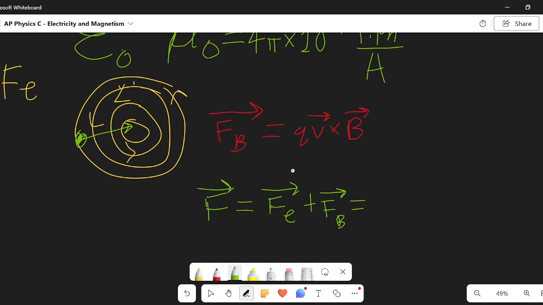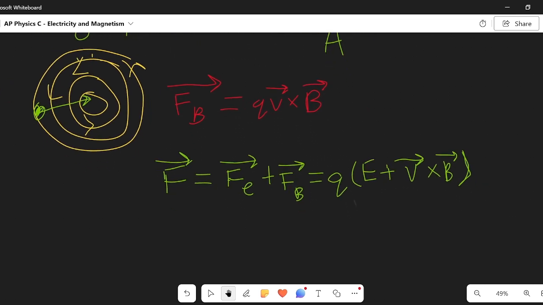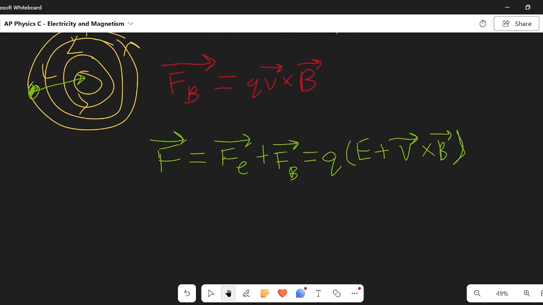We learned that in the very first unit. So this is going to be q times E plus the v vector multiplied by the B vector. And this is going to be the cross product, right? We'll get into how the cross product looks later. And we're going to be introducing a thing called a right-hand rule in order to solve this, right?